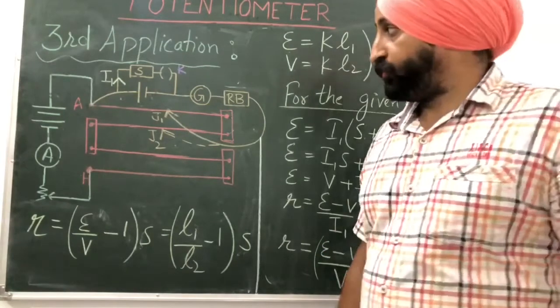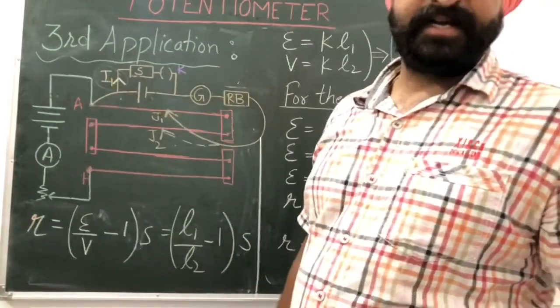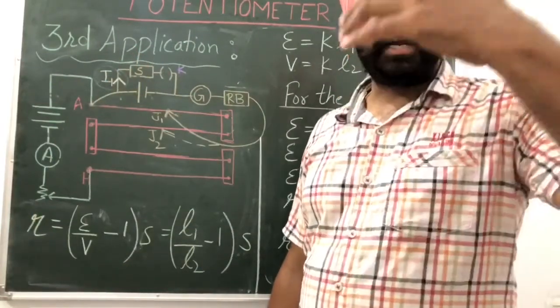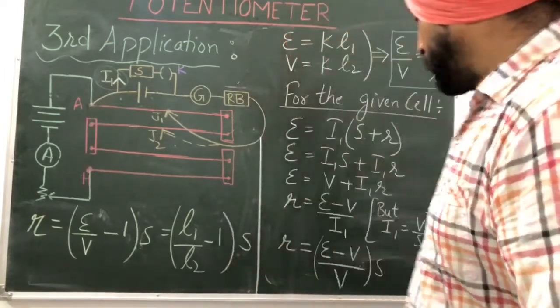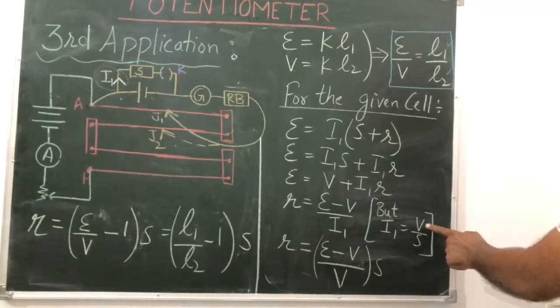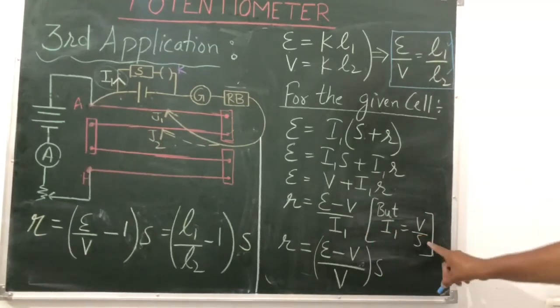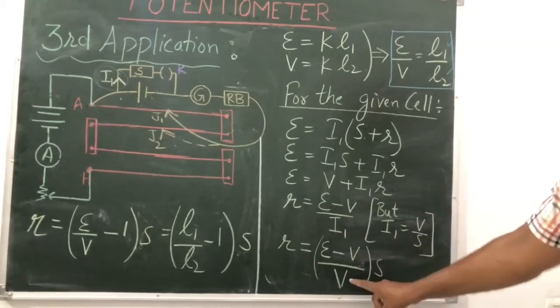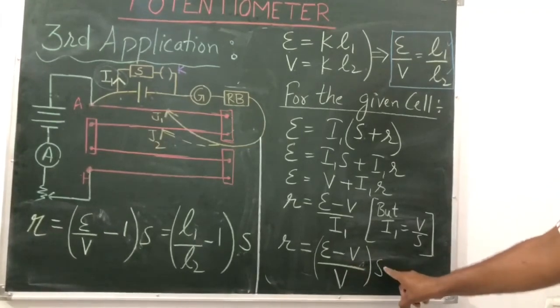But we know the value of I1, the value of current. What is current? Current is the ratio of potential difference divided by external resistance. So current I1 will be equal to potential difference V divided by external resistance, that is S. Now we will be replacing this I1 by V by S, so V will come in the denominator and S will go up.